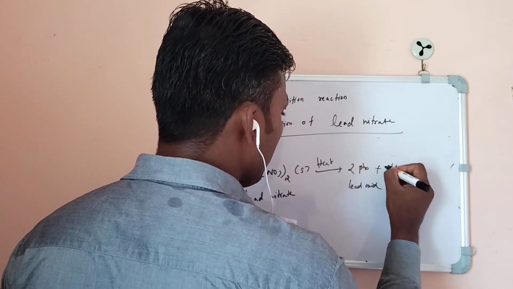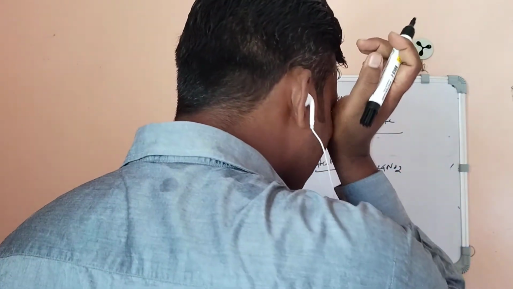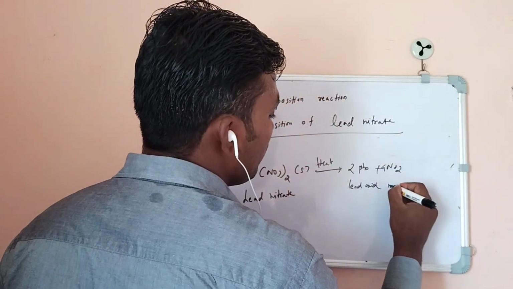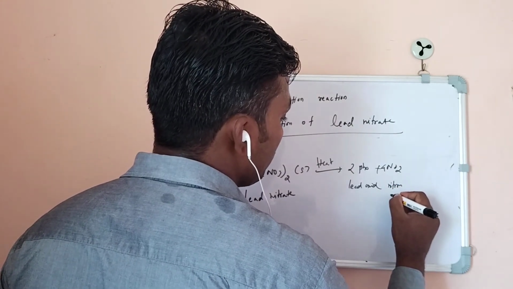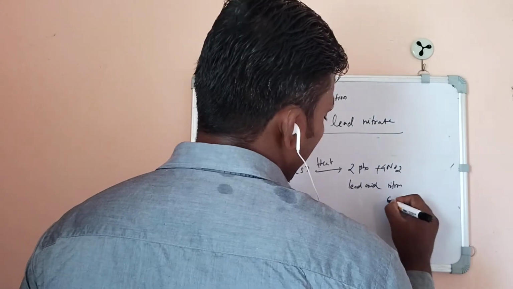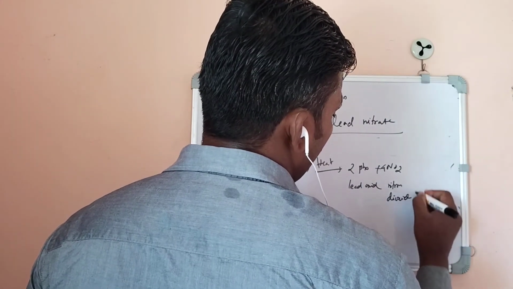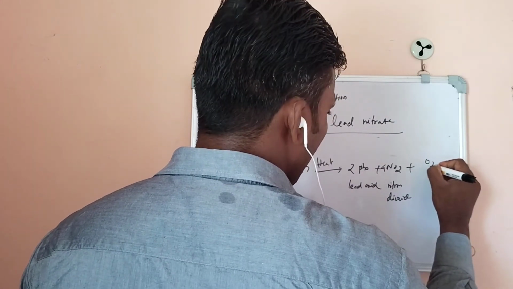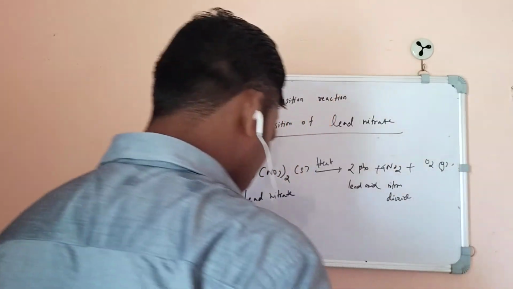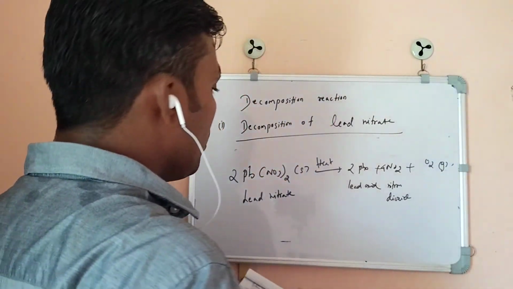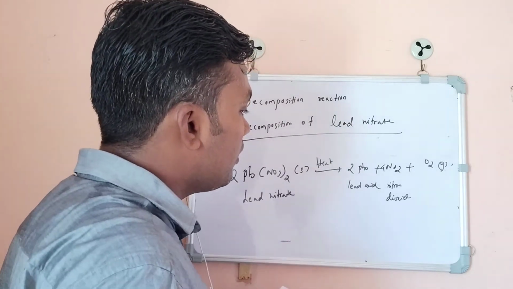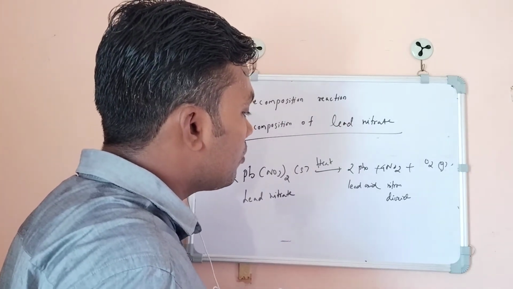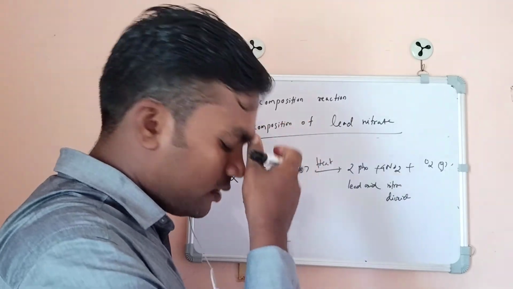You are getting NO2, nitrogen dioxide, which is the brown color fumes, plus O2 gas. You will observe the experiment we performed earlier. The fumes are the nitrogen dioxide.